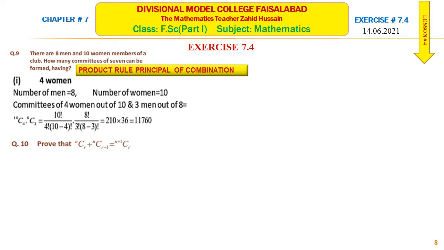Question number 10 is normally set in long questions, but it is included in your smart syllabus, so we will have to solve this. This is the proof that nCr plus nC(r minus 1) is equal to (n plus 1)Cr, combination of n plus 1 objects taken r at a time.